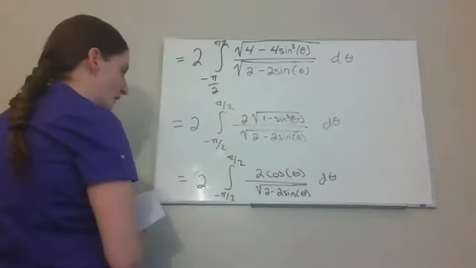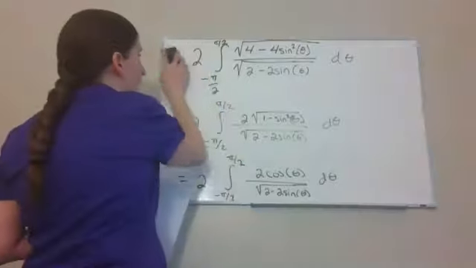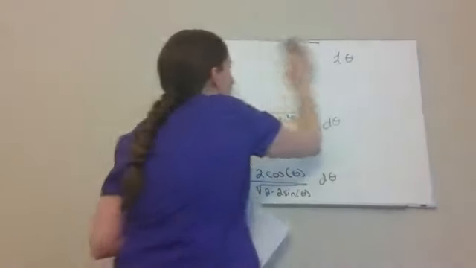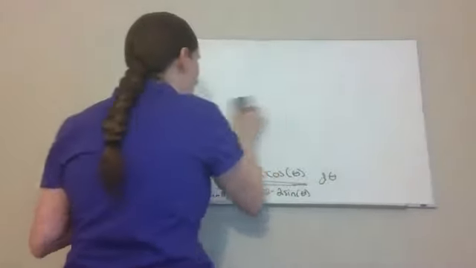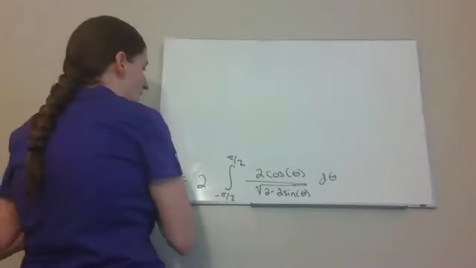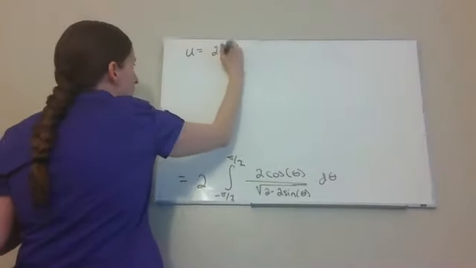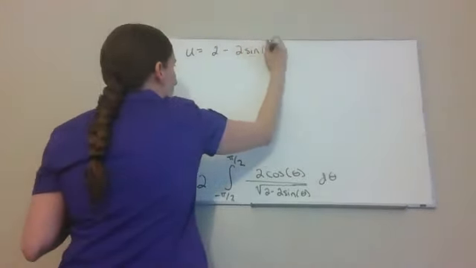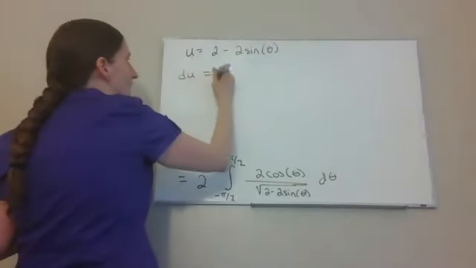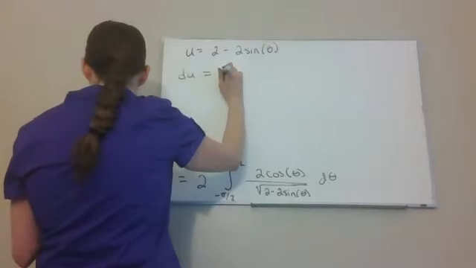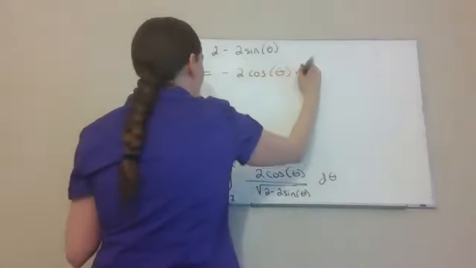So if I do substitution with u equals my 2 minus 2 sine theta, I'll be able to complete this arc length problem. So again, let u equal 2 minus 2 sine of theta. That means that my du is going to be equal to a negative 2 cosine of theta d theta.